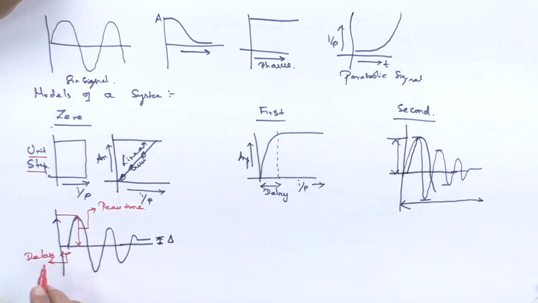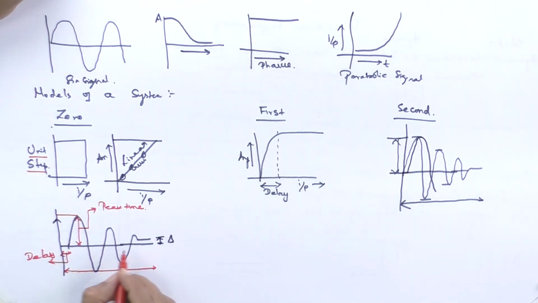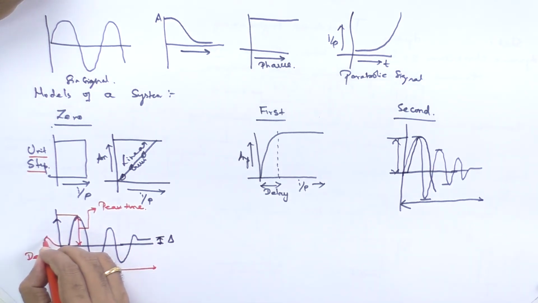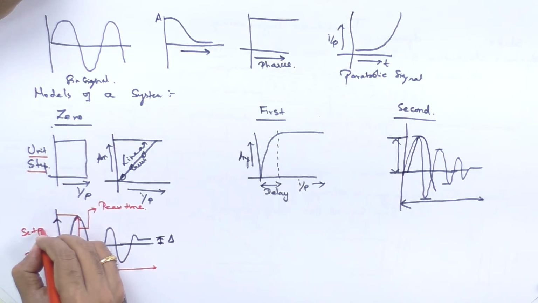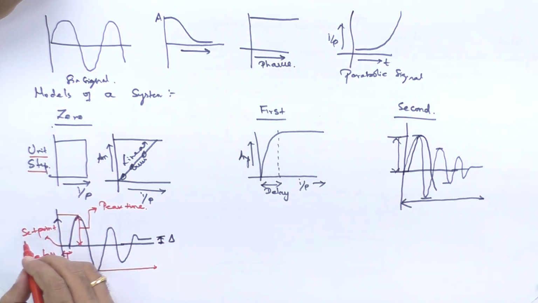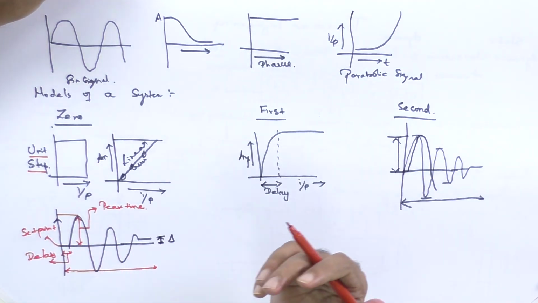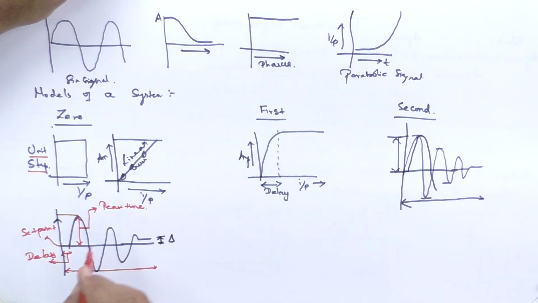And we also have the overall time to reach your set point. This is the set point, the maximum that has been reached, for something like a fan, the maximum speed is your set point, and it has the overall time.